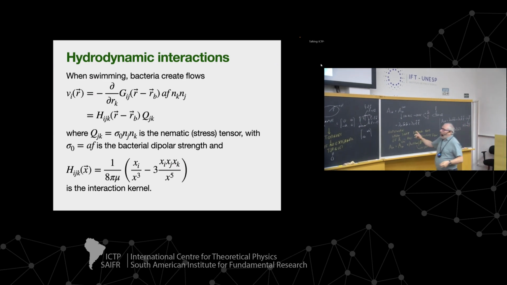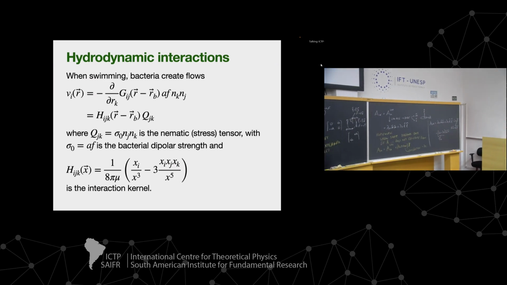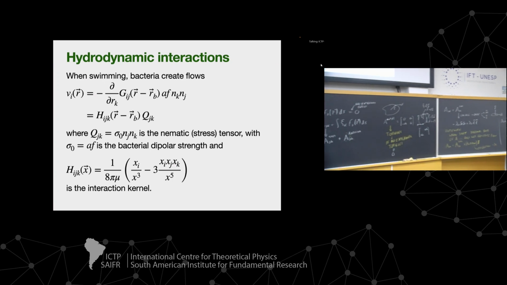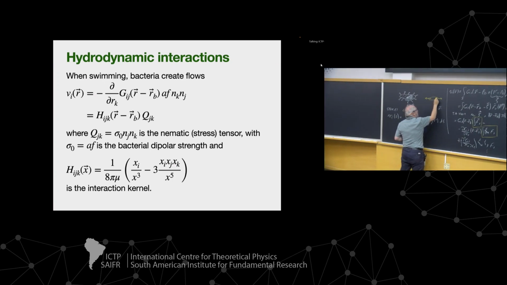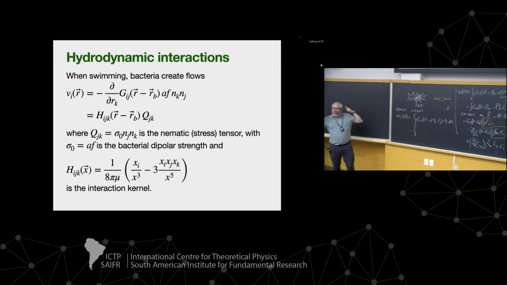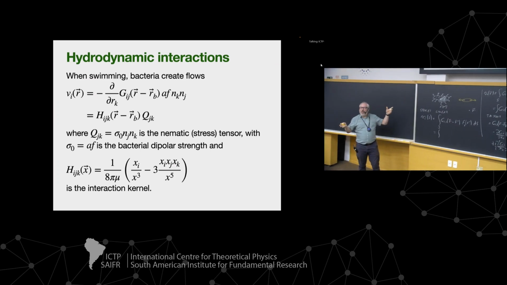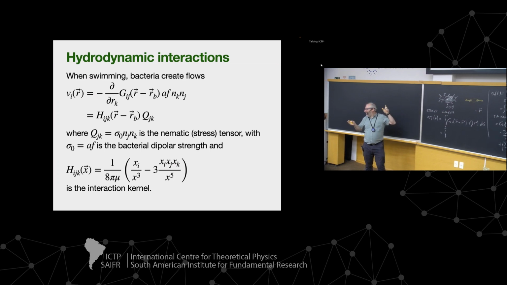So this picture of a bacterium exerting a dipolar force like this is a picture, but actually it is exact. It's not that you assume that there are two forces on the head and the tail.